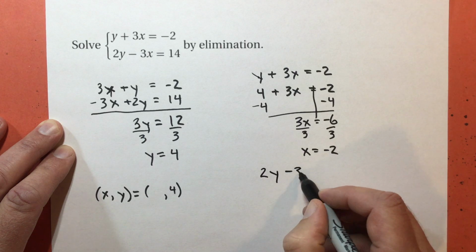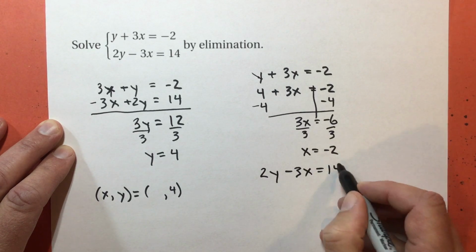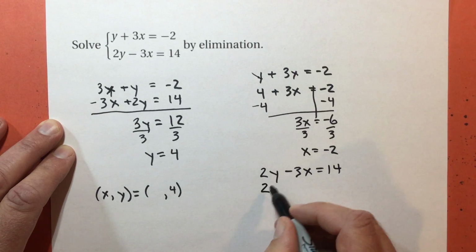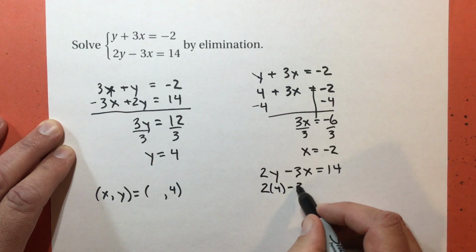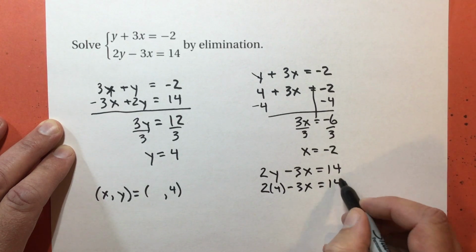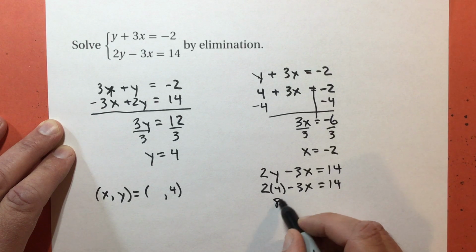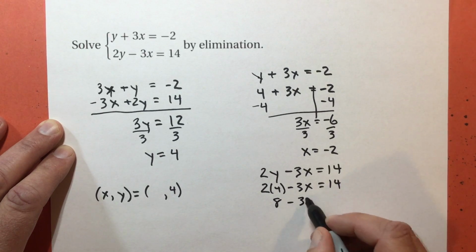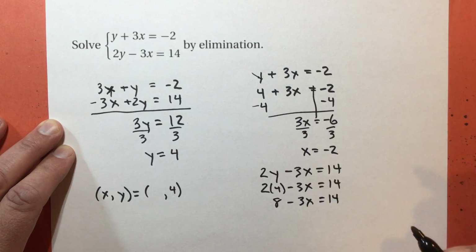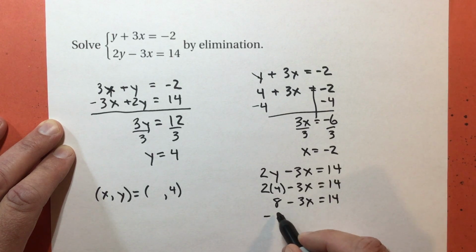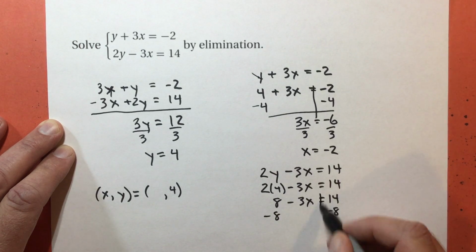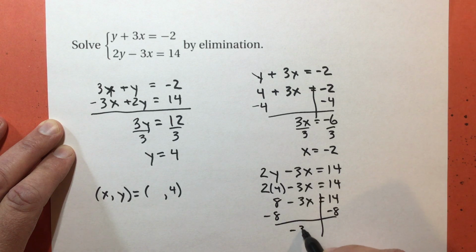2y subtract 3x equals 14. This is 2 times 4 subtract 3x equals 14. 2 times 4 equals 8. The opposite of adding 8 is to add negative 8. Negative 3x equals negative 6.